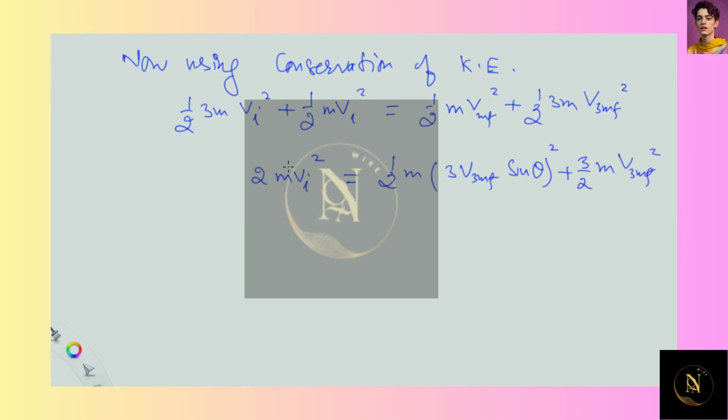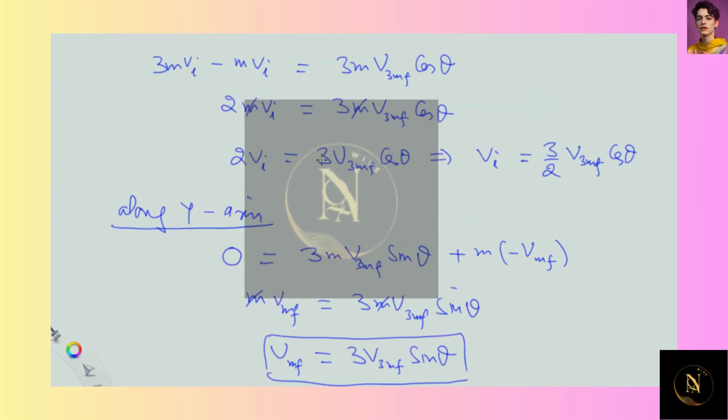Now the mass can be cancelled from both sides after taking it common on the right hand side. So here this is 2 vi square is equal to 9 by 2 v3mf square sine square theta plus 3 by 2 v3mf square.